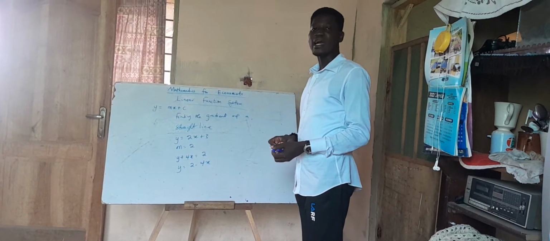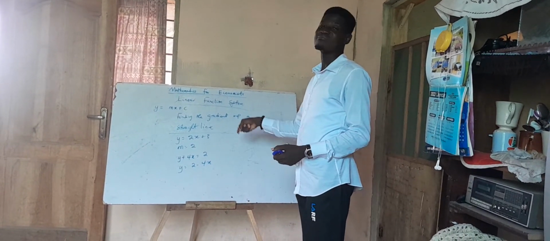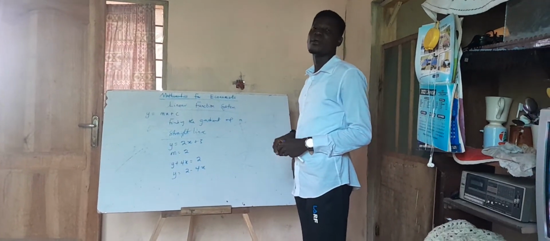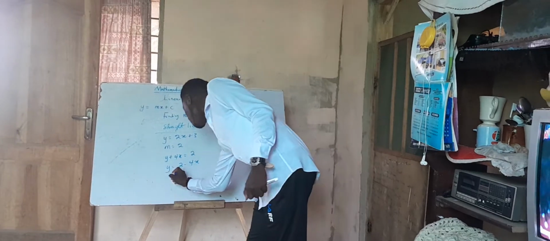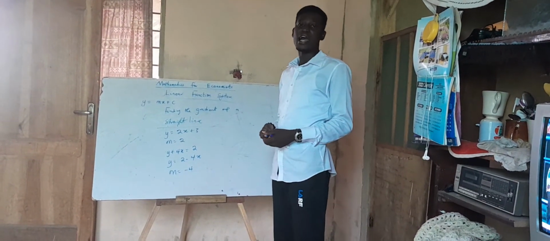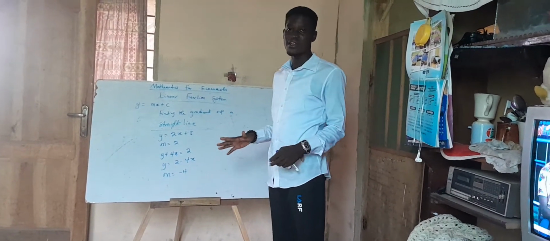Now, what is the coefficient of x? It is minus 4. So this coefficient of x, minus 4, becomes our gradient. So m is equal to minus 4. I hope this is very clear.